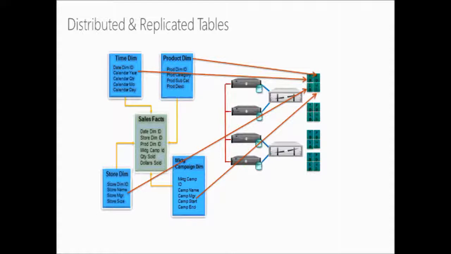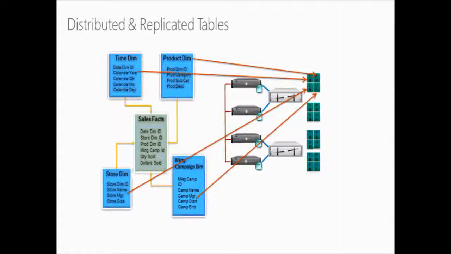And you also have big fact tables in your data warehouse implementation. Fact tables are, for example, your sales, and they take up almost 80-90% of the data space in a typical data warehouse implementation.